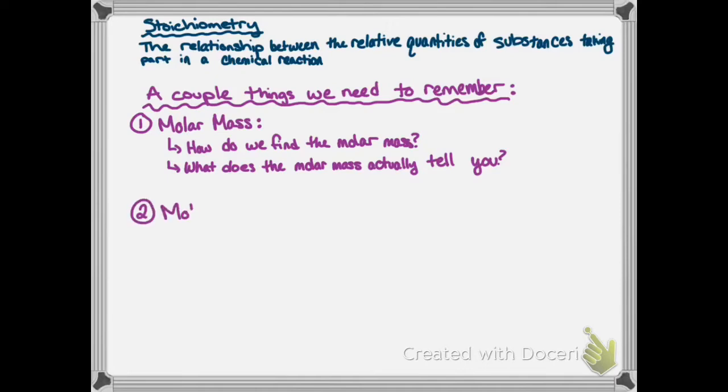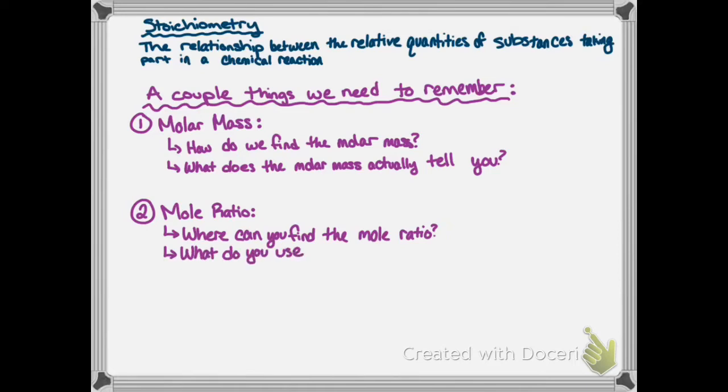The other thing we do need to remember is the mole ratio. Specifically, where do we find the mole ratio? Can anybody tell me where we find the mole ratio? Perfect, you guys are dead on. We find the mole ratio in our balanced equation. Once we find our mole ratio, we also need to know what we use it for. Can anybody tell me what it's going to be used for? Man, you guys are crushing it.